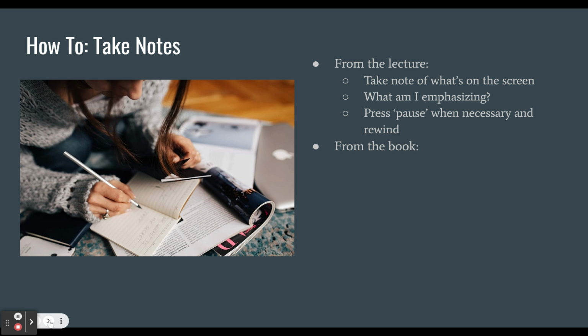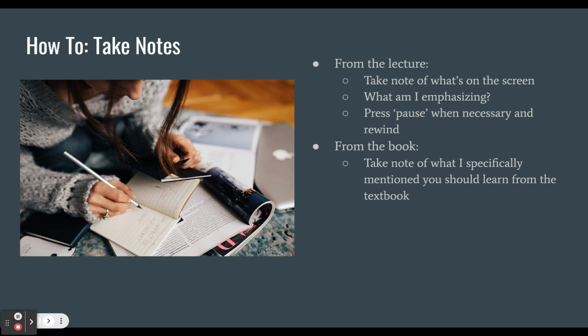So when we talk about the book, there are several times throughout all of the lectures where I will specifically mention what Professor Foner talks about in the book or what Professor Foner will explain in the book. So make note of those things so that when you do go look in the book, you'll know what he's talking about.